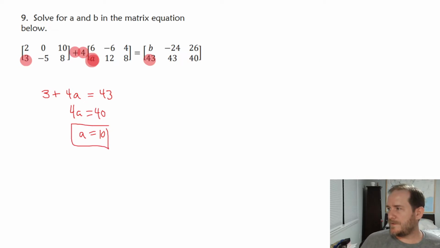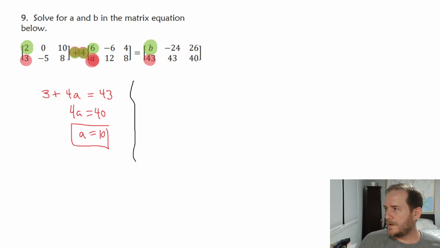By the same token, if you wanted to solve for b, you'd focus only on the entries that are in row 1, column 1. So 2 plus 4 times 6 would equal b. None of the other entries matter at all. They're just window dressing.